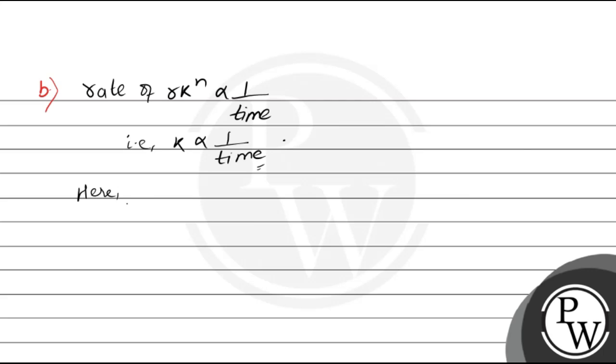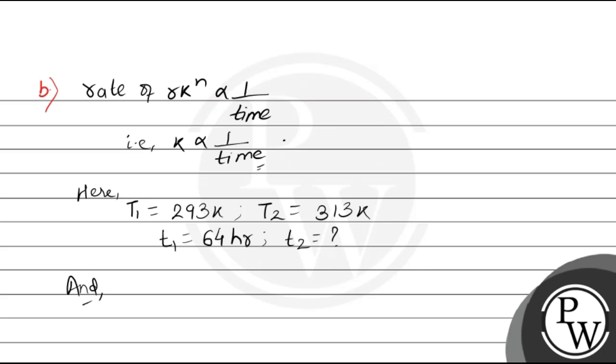Here T1 is equal to 293 Kelvin and T3 is equal to 313 Kelvin. Time taken by milk to sour at 20 degrees Celsius is 64 hours, and we have to find the time in which milk sours at 40 degrees Celsius. And we also know that value of K varies with temperature as e to the power minus E upon RT.